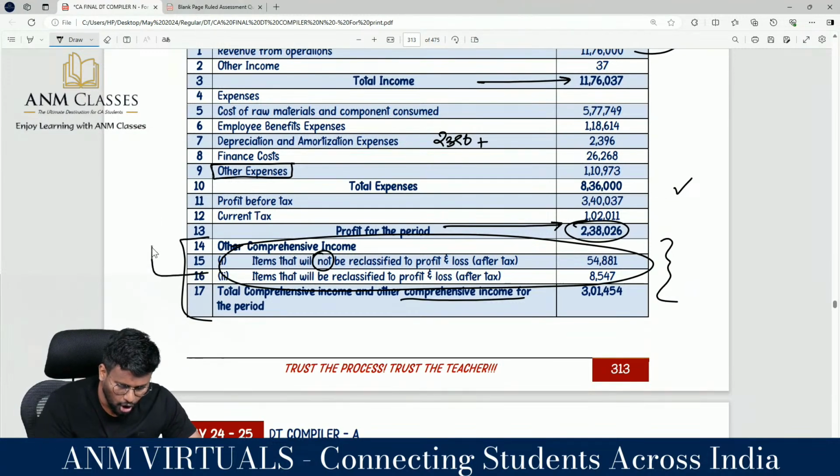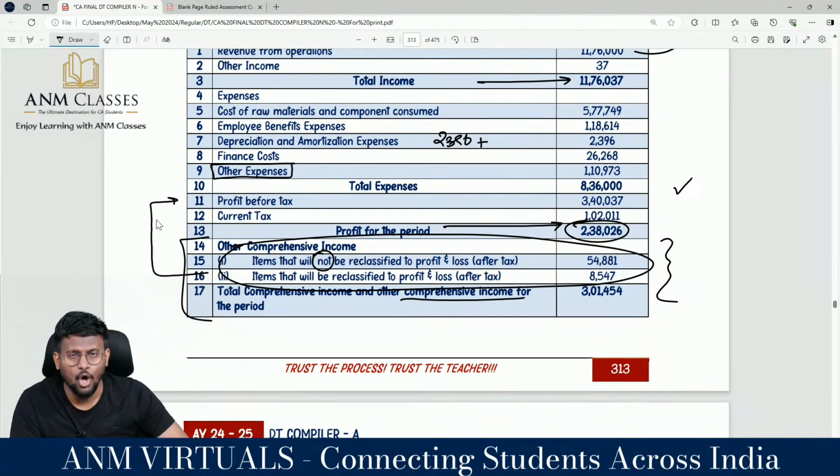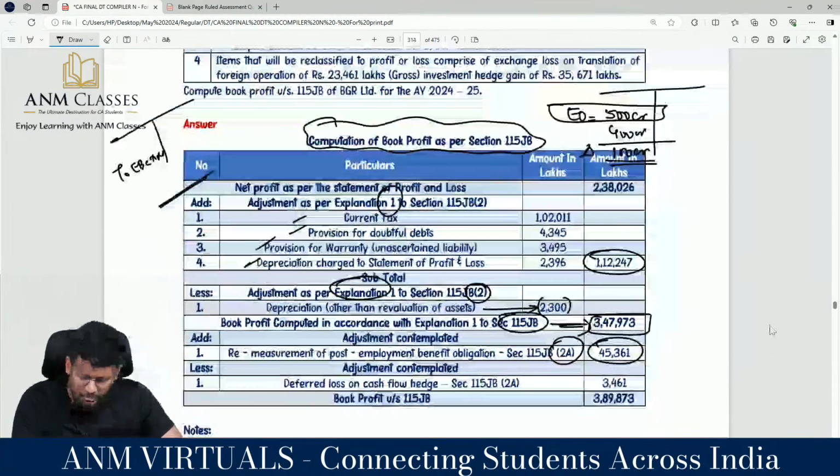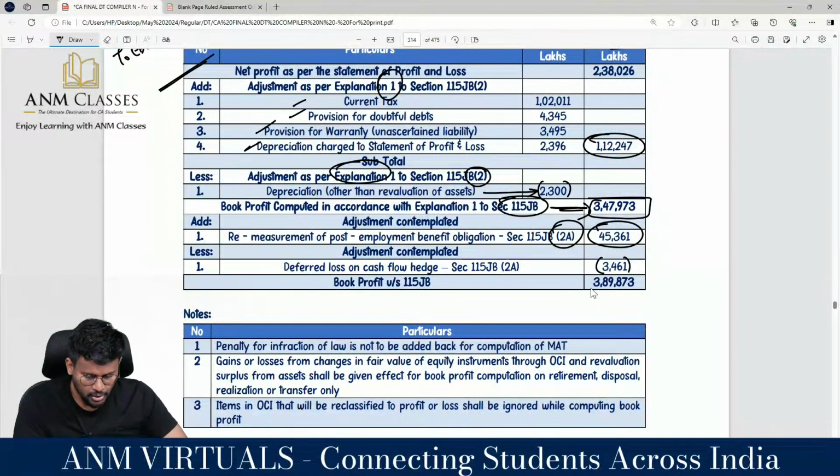If that loss had been debited to the P&L account, automatically my net profit would have been reduced. Correct? And this item is not going to be brought back to the P&L account because it is an item not reclassified to P&L. So the government is saying that you can manually reduce it. So less deferred loss on cash flow hedge as per 115JB subsection 2A. So you will get the book profit for the Ind AS company.